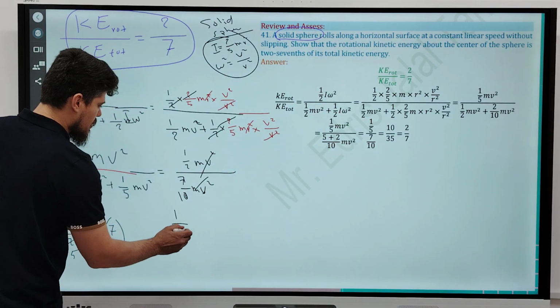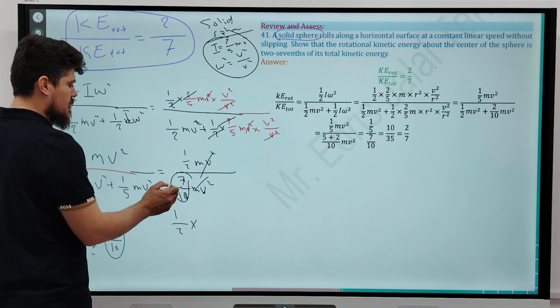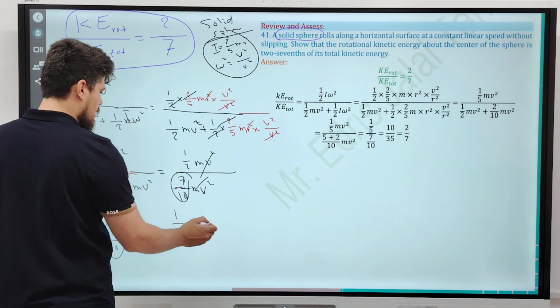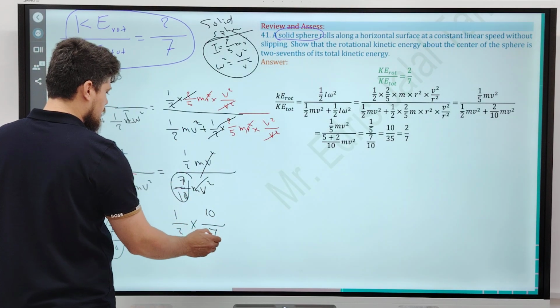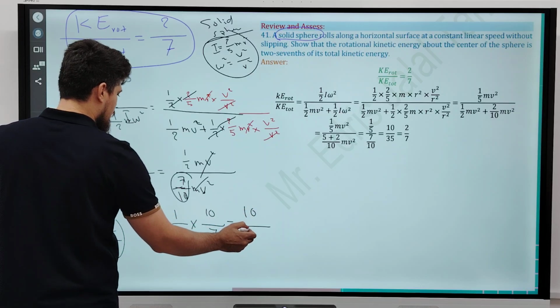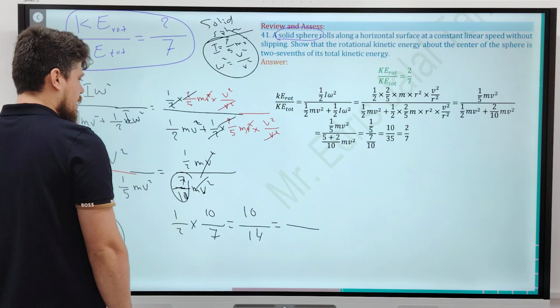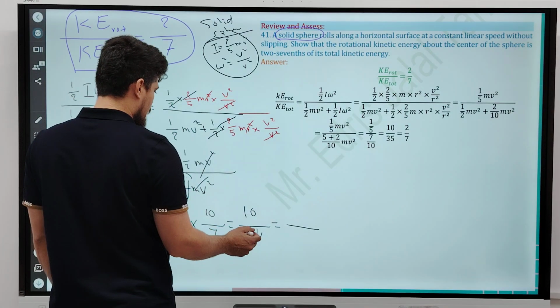According to basic math, you have to take this 7/10 in the denominator to the numerator. It flips to 10/7.